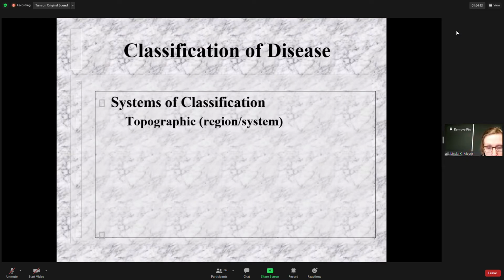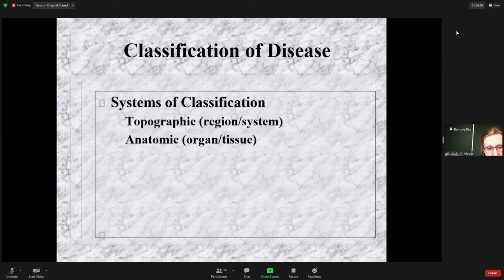For example, disorders of the GI tract, disorders of the respiratory tract, diseases of the blood, skin disorders. Those are all examples of a system. And a lot of times courses are set up that way, diseases according to each system. And it's actually called a systemic pathology class.